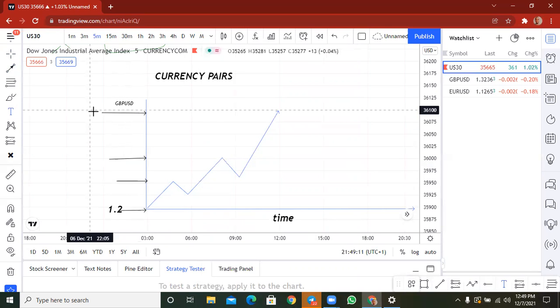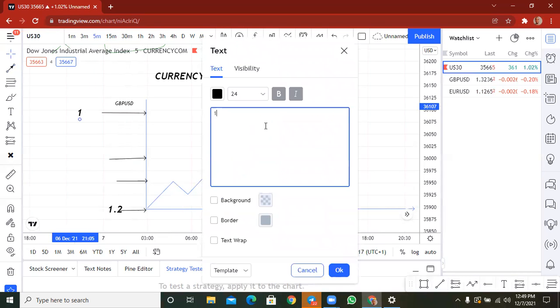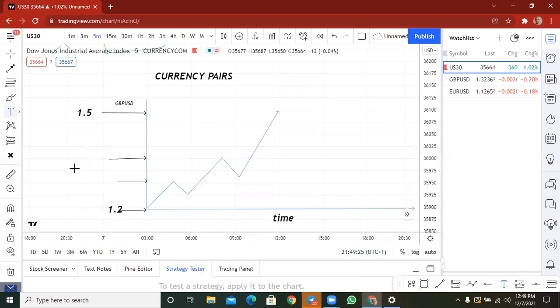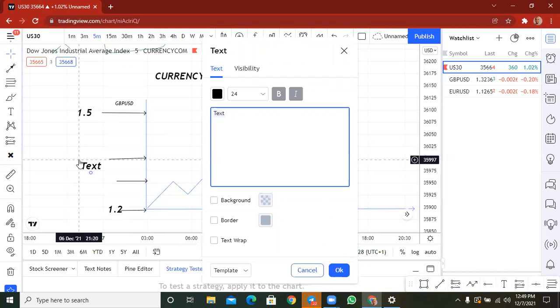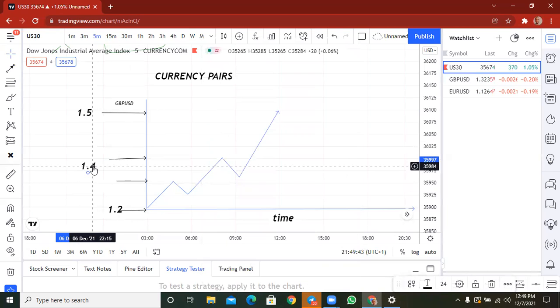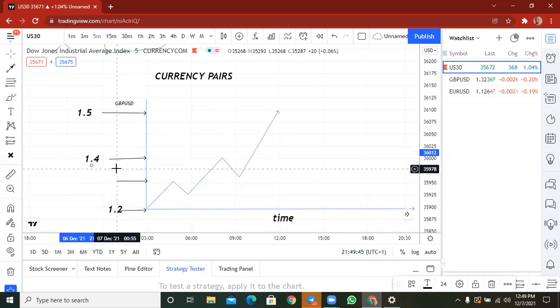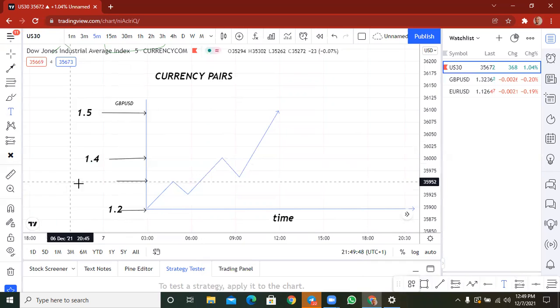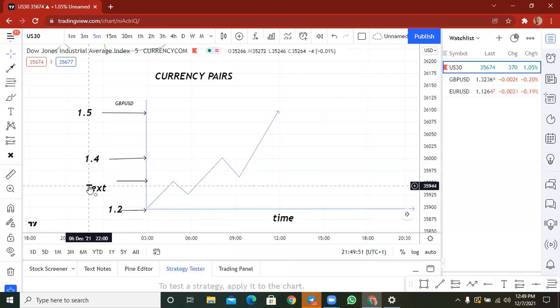And here I can put 1.5 here, and here I can put 1.4. Okay, I can put in 1.3.